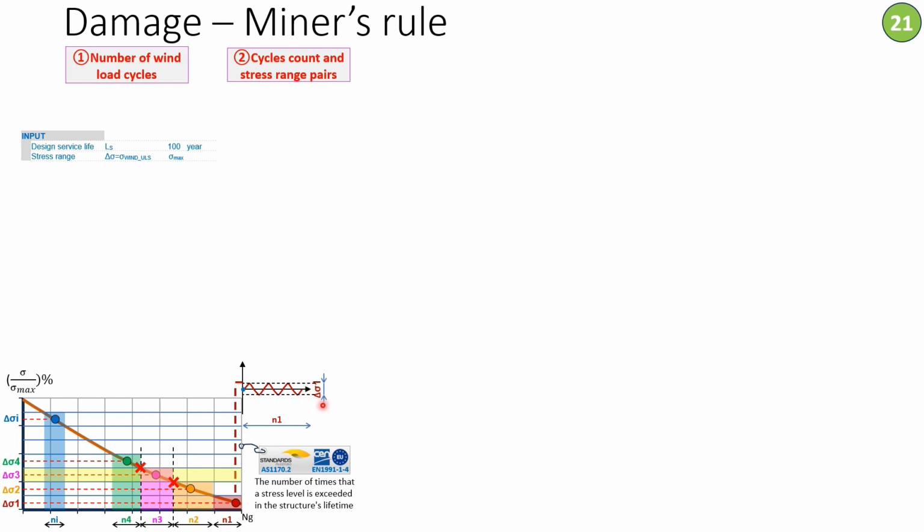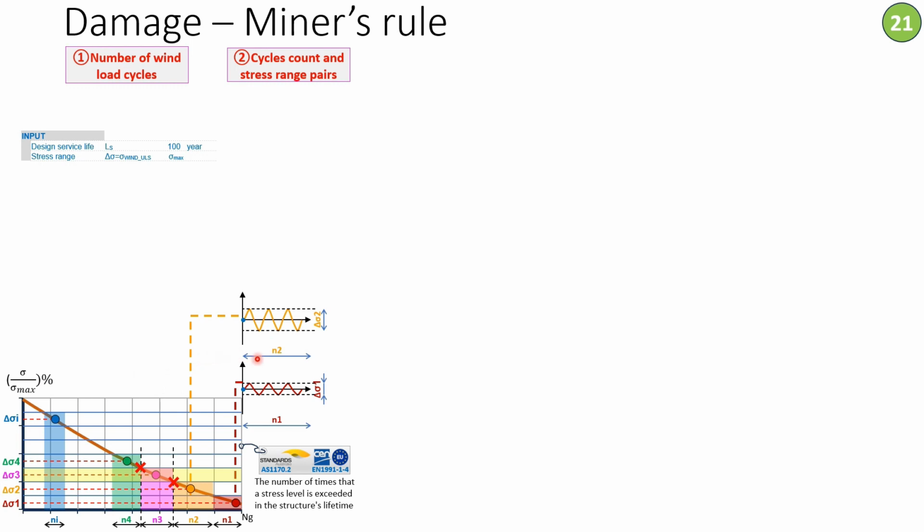Its amplitude is delta sigma 1, and the length of this time history is small n1. We can repeat that for all the stress levels that we have investigated. So this stress segment represents a certain stress range, which is basically a percentage of the maximum wind-induced stresses resulting from the maximum gust pressure.